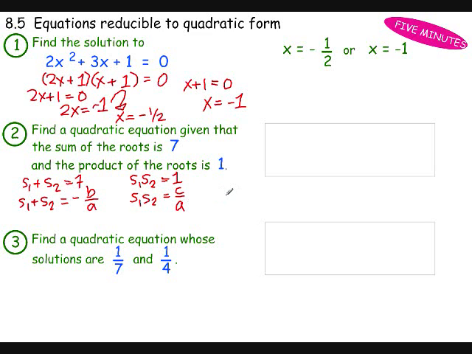So this means we could write our equation as x squared minus the sum of the roots, minus b over a, times x, plus c over a equals 0.